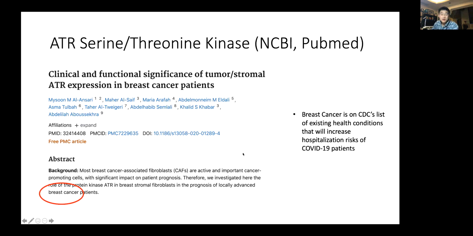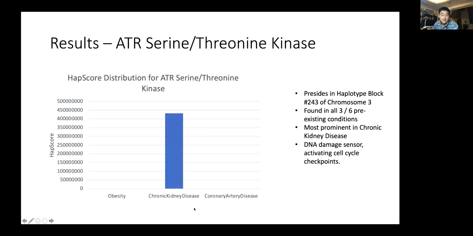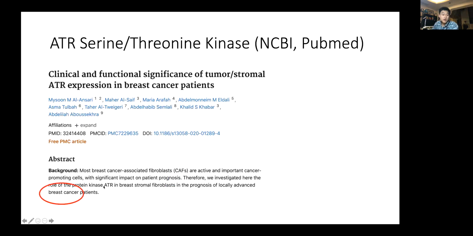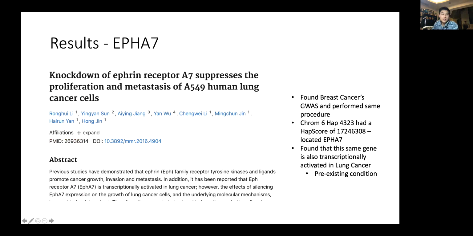So this is another very interesting validation of my finding, such that this gene is a driver for chronic kidney disease and COVID-19, and it's also a big driver for the occurrence of breast cancer, which just so happens to also be a comorbid disease with COVID-19. This is a very interesting finding.